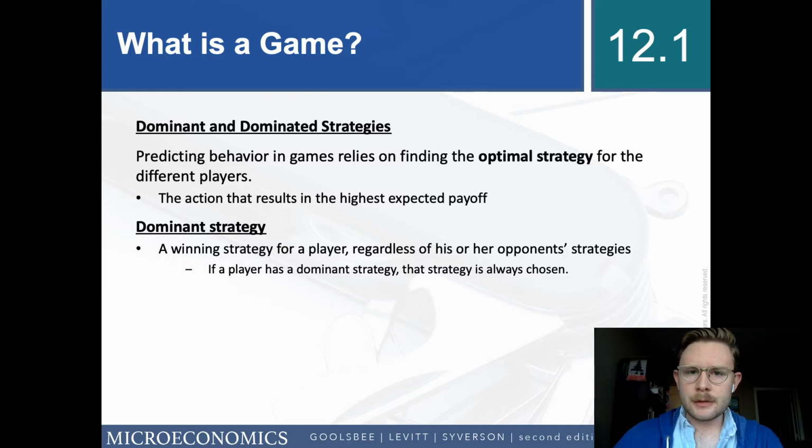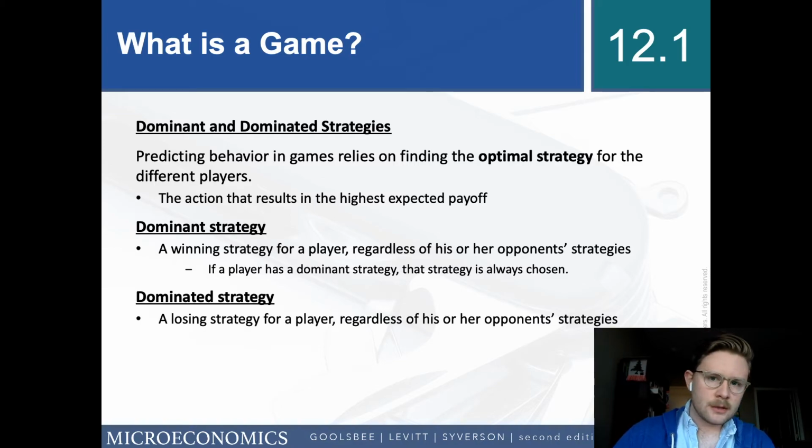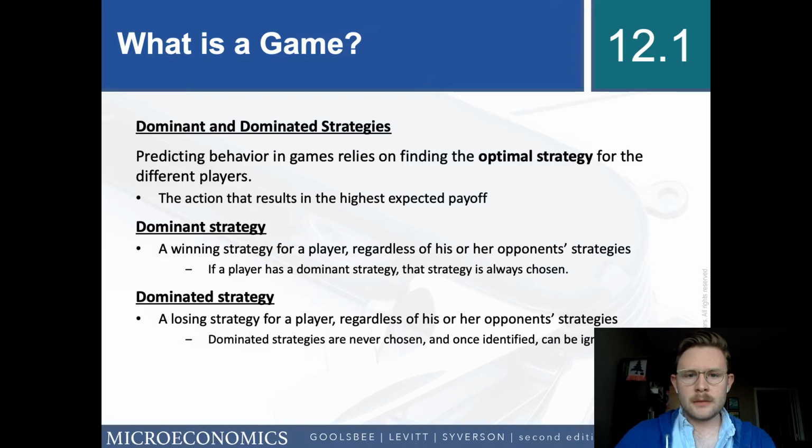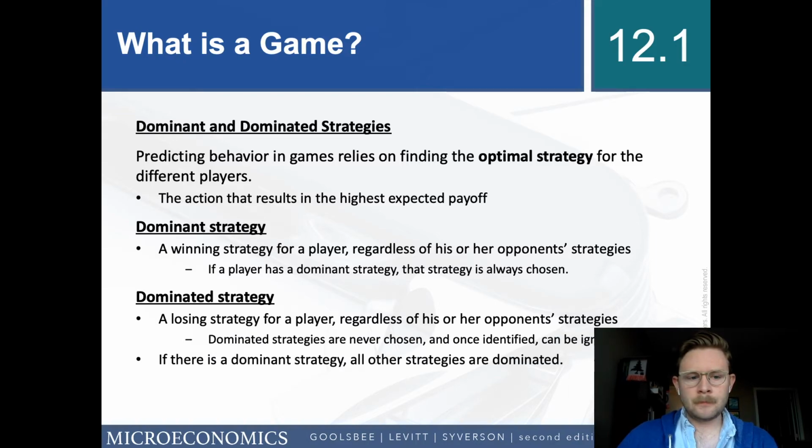If a player has a dominant strategy, then that strategy is always chosen. On the other hand, if there's a dominant strategy, there could also be dominated strategies. A dominated strategy is a losing strategy no matter what. Dominated strategies are never chosen, and they can be ignored. If there is a dominant strategy, all other strategies are dominated.